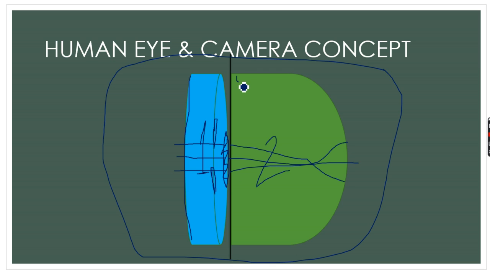Suppose this layer is the retina, right? Take it like this, suppose the image is forming here at the retina. Clear?